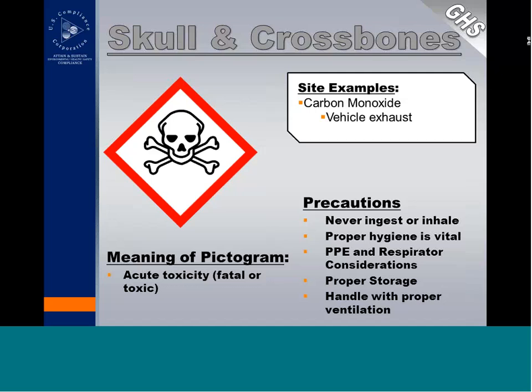Proper hygiene is vital, such as washing your hands, making sure to wear the PPE and respirators recommended by the chemical manufacturer, proper storage, and ensuring that we have proper ventilation. Examples of materials that would receive this pictogram include carbon monoxide from vehicle exhaust.